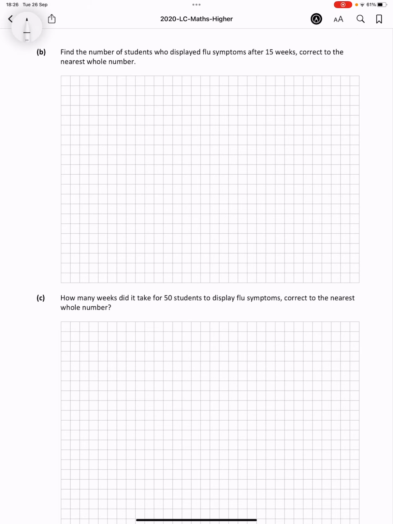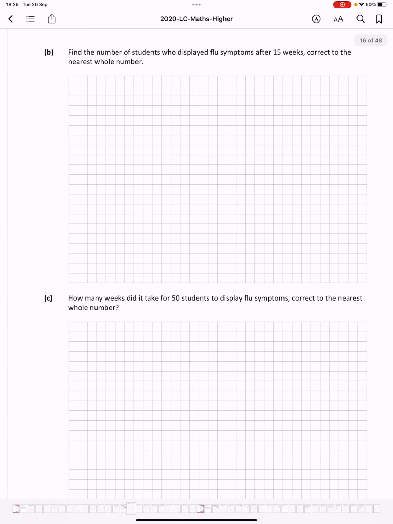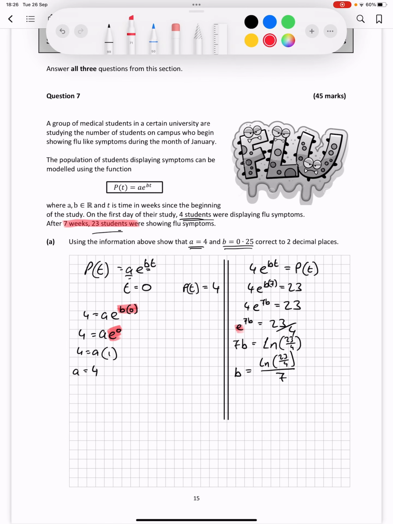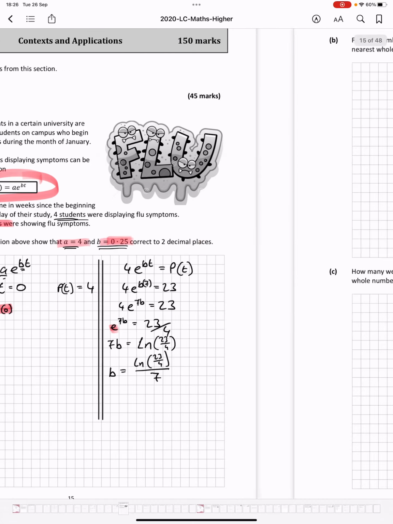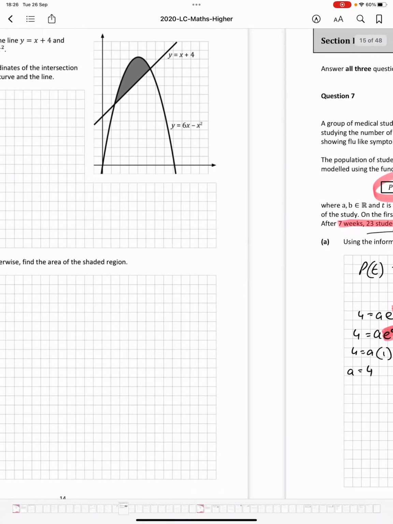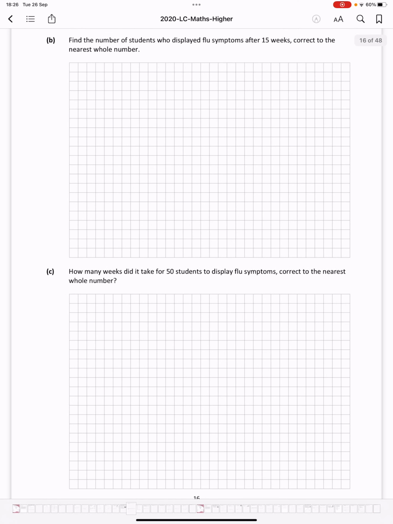Find the number of students who displayed flu symptoms after 15 weeks. Well, it would be absolutely criminal not to use those clues that it gave us back here. It's already told us what A is, what b is. So fill that in up here. We want to fill in t is equal to 15 weeks. So it's 4 e to the power of 0.25t.